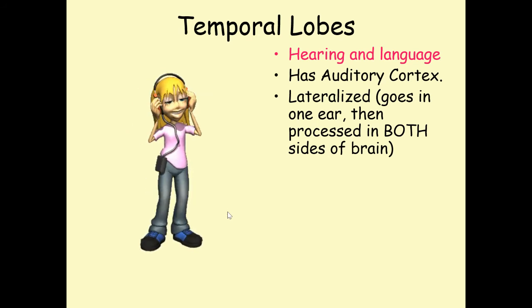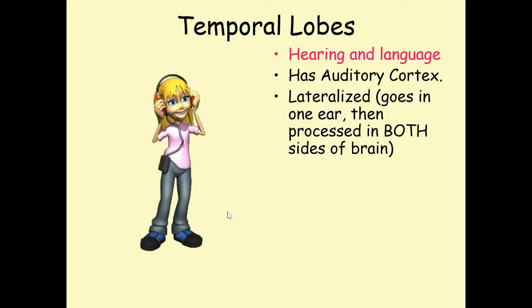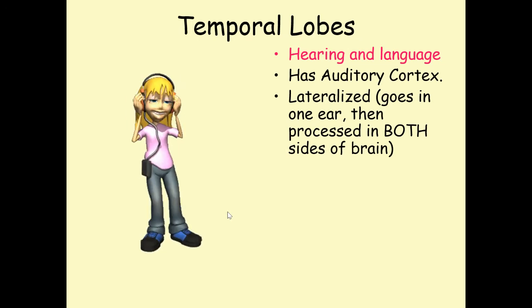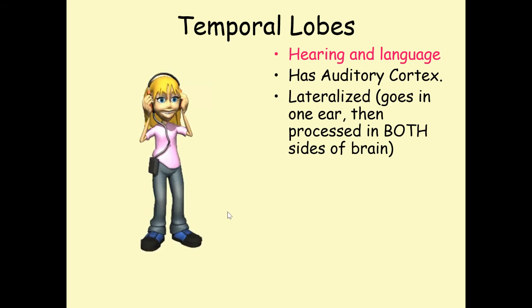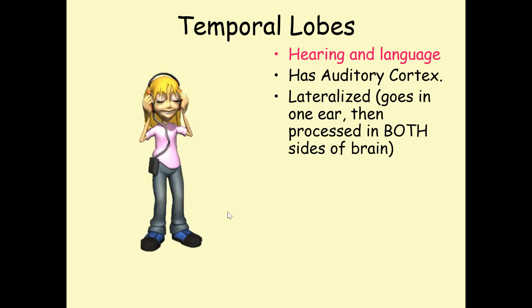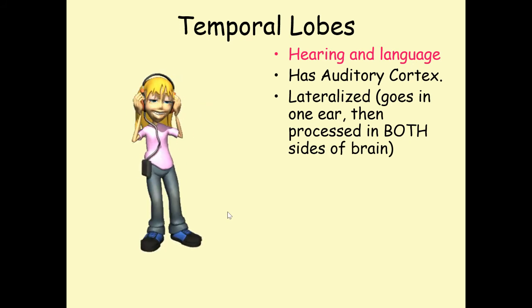Now, one thing I want to tell you about your temporal lobes is that what goes in your right ear goes to your thalamus and then is processed on both sides of your brain, on your left and your right temporal lobes. Okay?